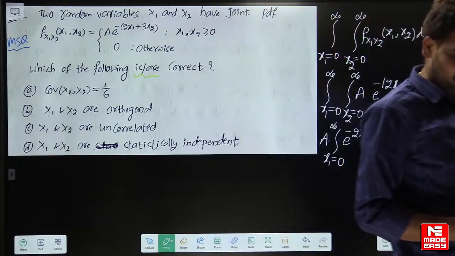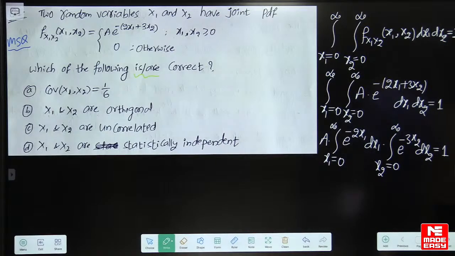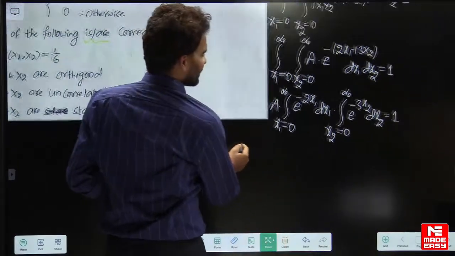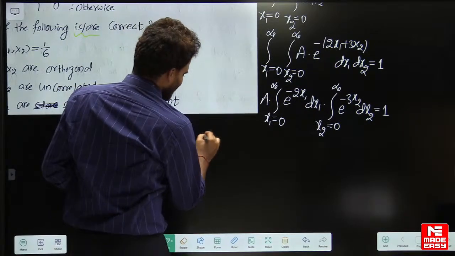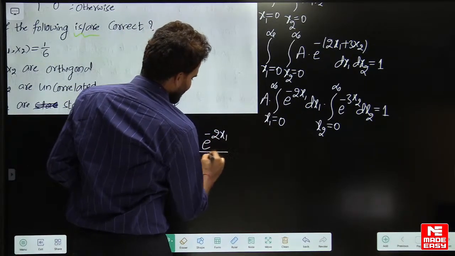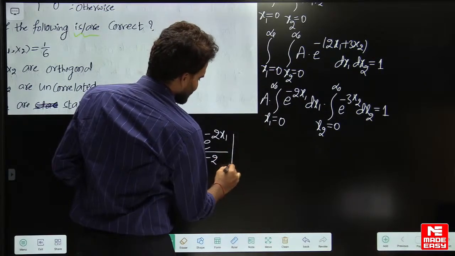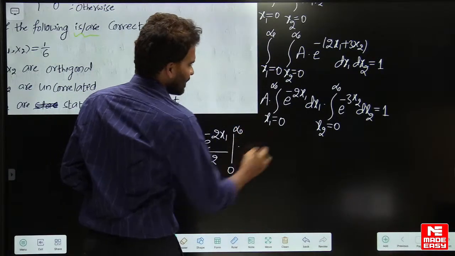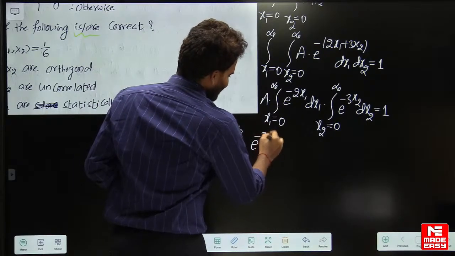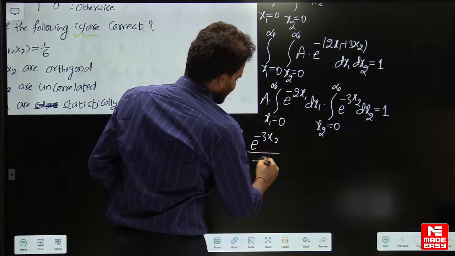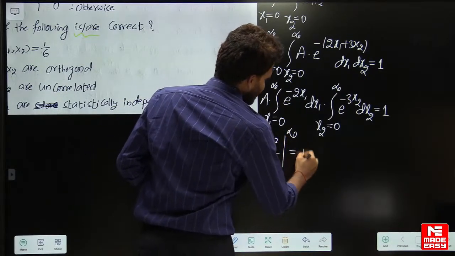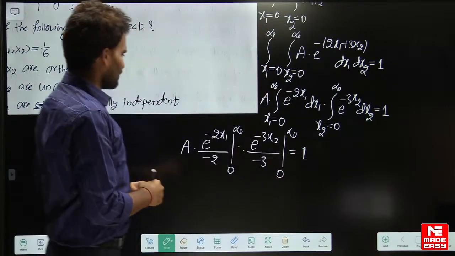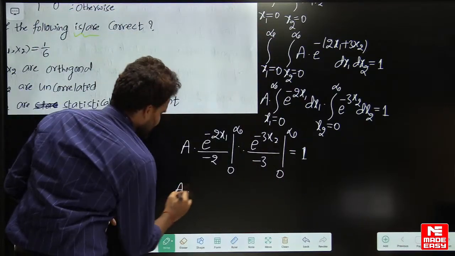The x1 and x2 terms are separable, so I'm separating them. Now if you find this integration, this is a times 2, e power minus 2 x1 by minus 2 with limits 0 to infinity, and e power minus 3 x2 by minus 3 with limits 0 to infinity, equals 1.